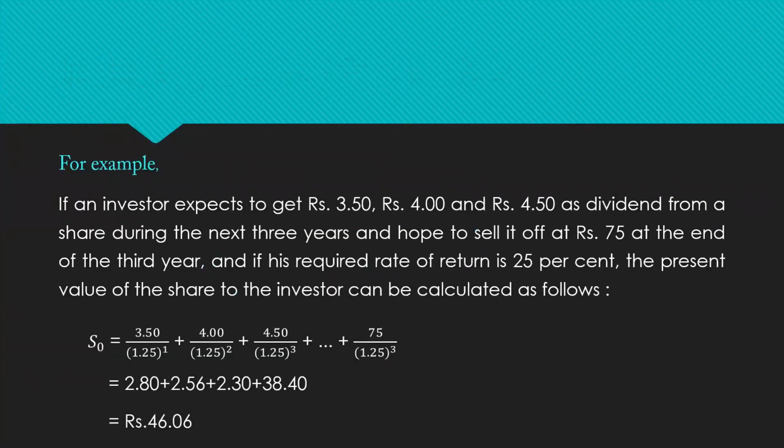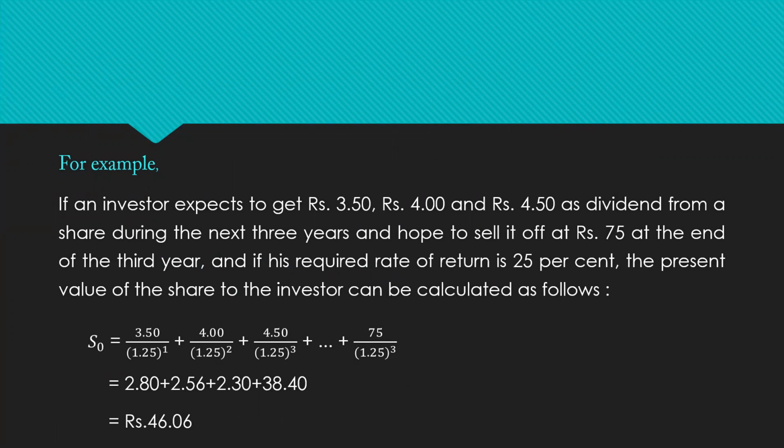Let's see an example. If an investor expects to get rupees 3.50, rupees 4 and rupees 4.50 as dividend from a share during the next 3 years and hope to sell it off at rupees 75. So you have been given your D1 value, your D2 value and your D3 value, which is 3.50, 4 and 4.50.